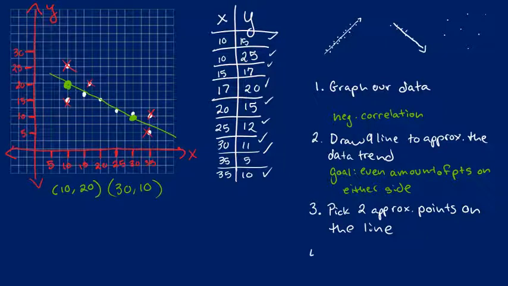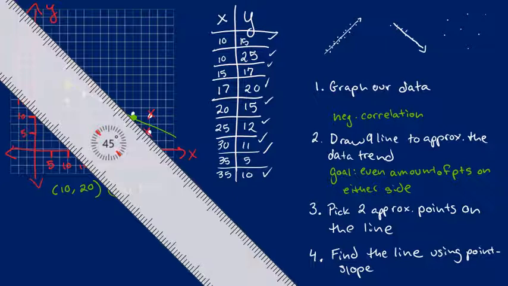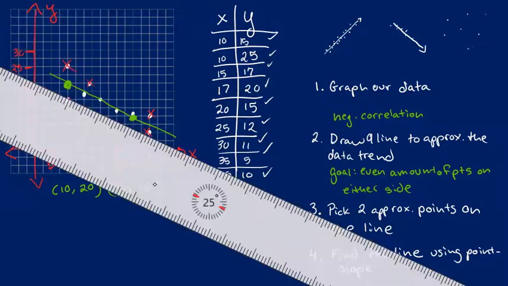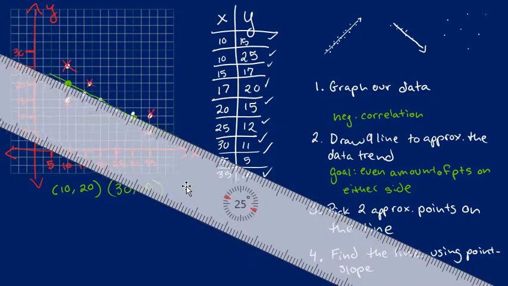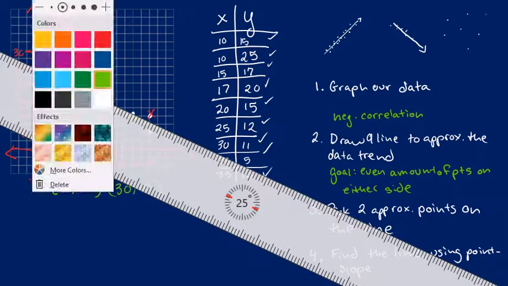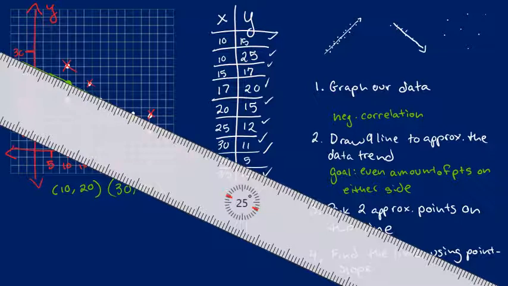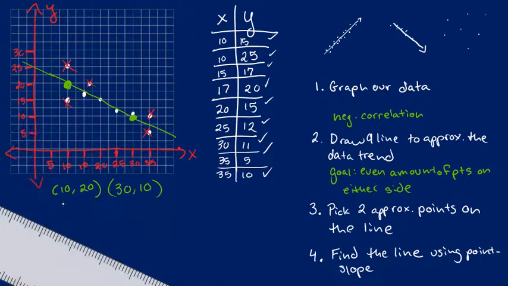Then step 4 is to find the line using point slope. If you are able to draw a pretty good line of best fit using a ruler, so for example on the screen I have a ruler right here, you could approximate your y-intercept if I were to keep drawing my line here, or you can just use 2 points.